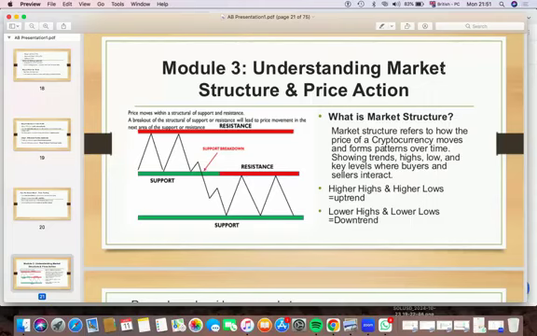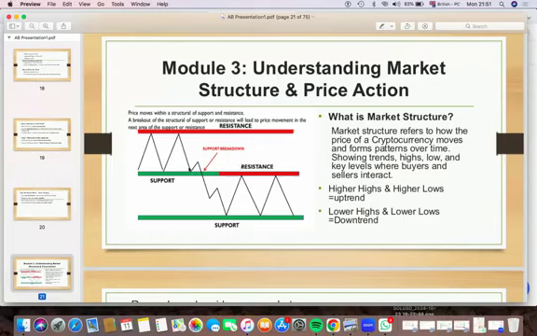I believe with these few examples, you are able to understand what structure is from the perspective of a trader who is trading price action, so trading your support and resistance.